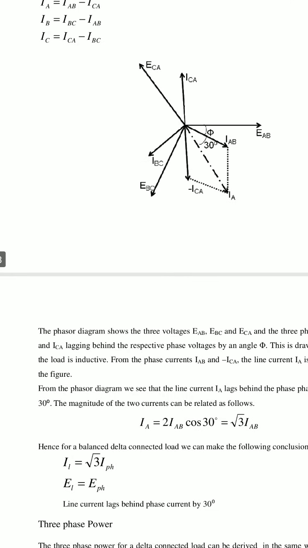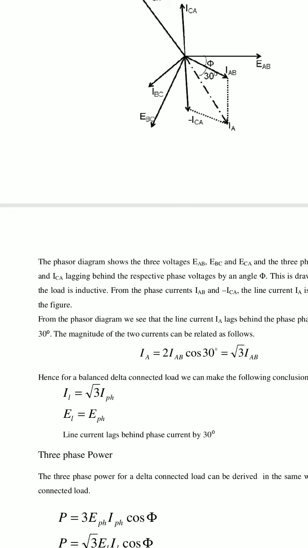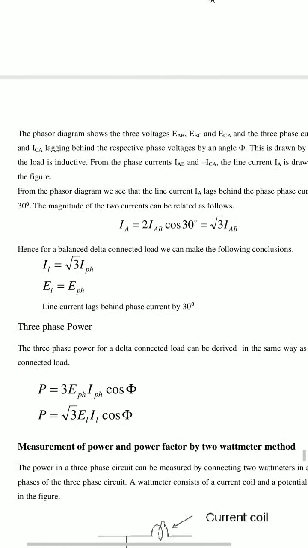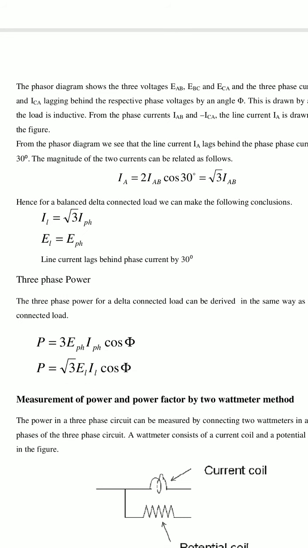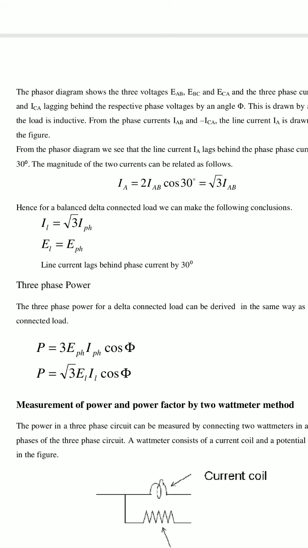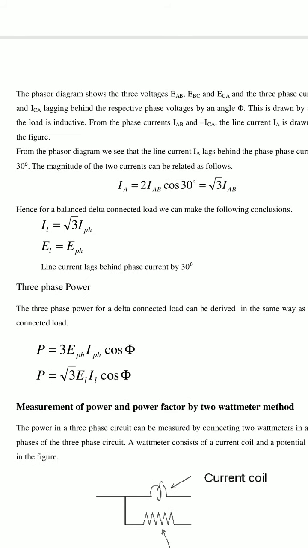The line current IA is equal to root 3 IAB, that means IL is equal to root 3 I phase, and line voltage is equal to phase voltage.